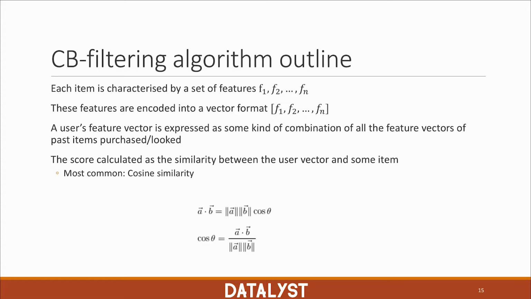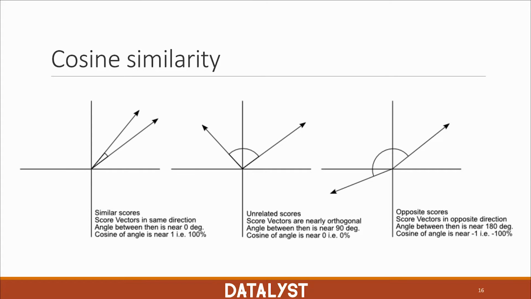So the simple idea here is that we just have a user vector and an item vector, and we calculate the similarity between the user vector and some item, and we do this through the cosine similarity, and this is the cosine similarity visualized. So if the two vectors have similar scores, they point in the same direction, then the cosine will be close to 1, as you can see here on the left-hand side.